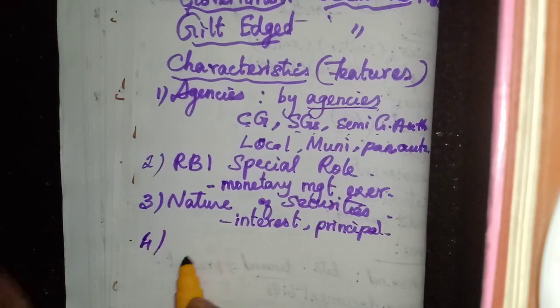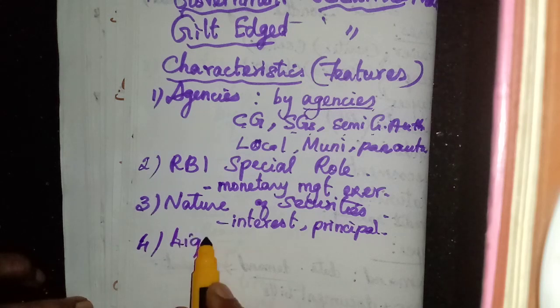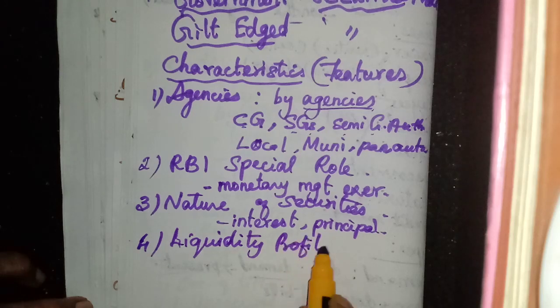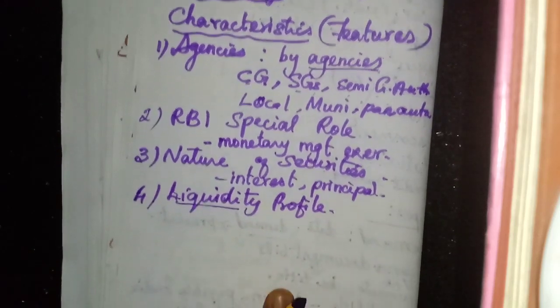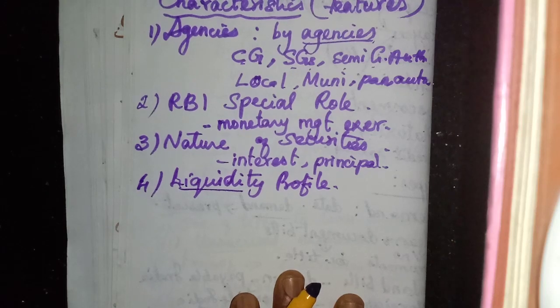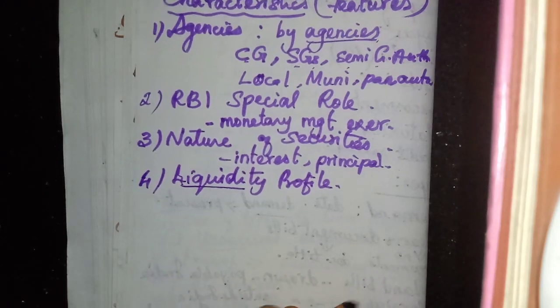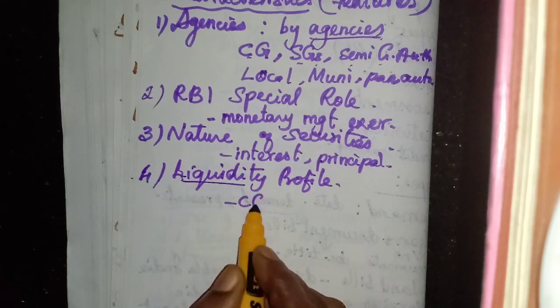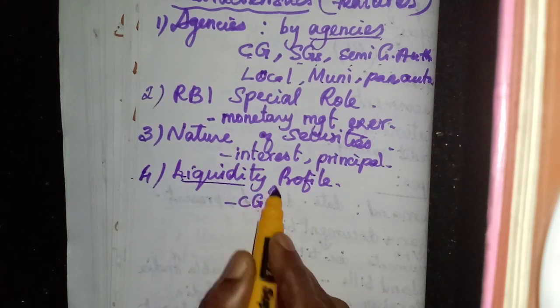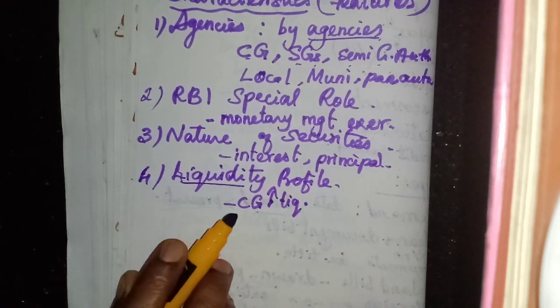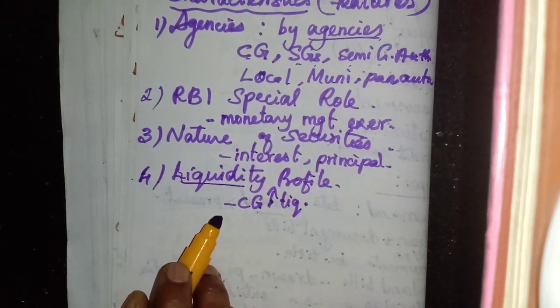Then the fourth one, liquidity profile. Government securities have a high liquidity profile, isn't it? Liquidity means converting the securities into cash. Central government securities have a higher liquidity profile than the other government securities.